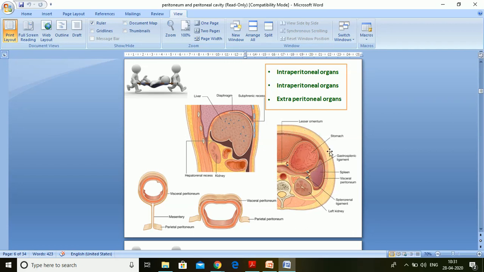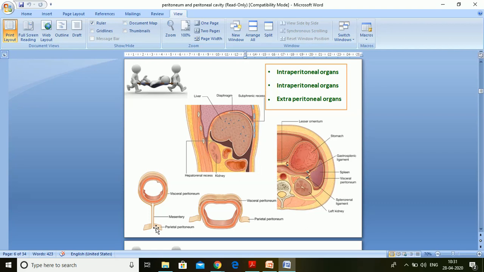If you see this image, you will be able to see the omentum, the stomach, the liver, the spleen, and the kidney in cross section. And there is a double layered peritoneum there. See, this is the visceral peritoneum, and this is the parietal peritoneum. So if we see it as a cross section, the peritoneum connects the organs.